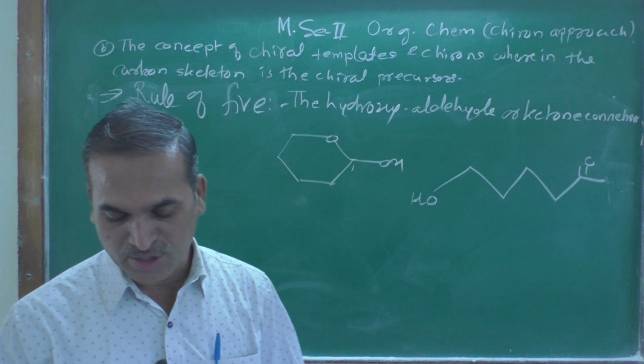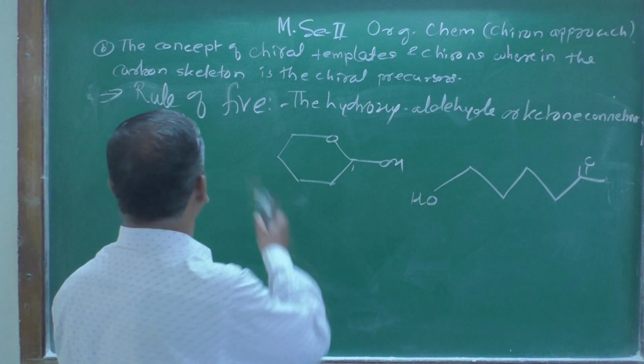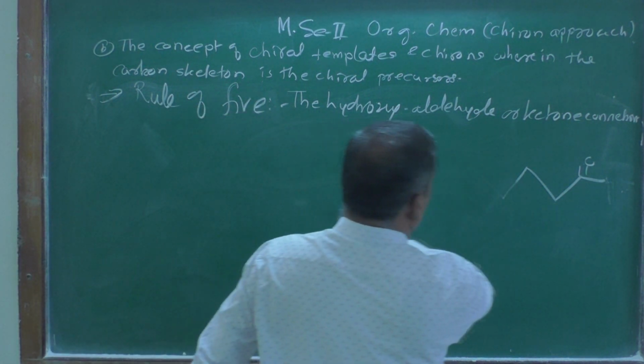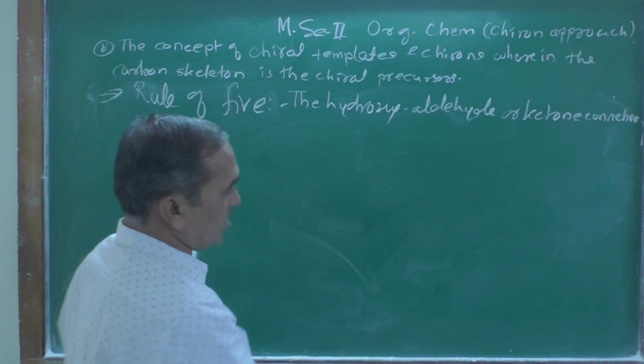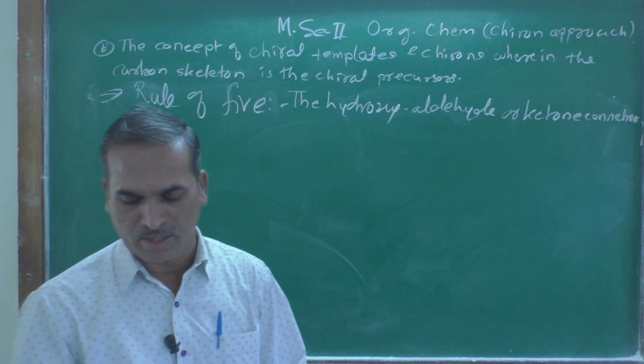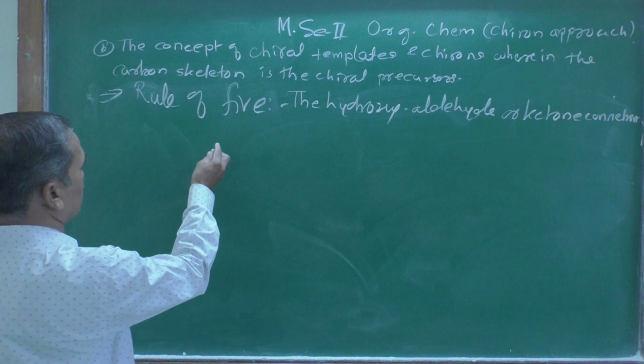That explains where the rule of 5 is applicable in this case. Let us see the structure of metacine. The structure of metacine is this one.